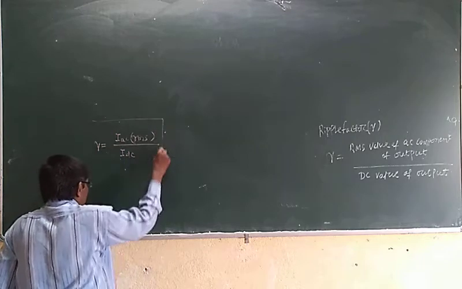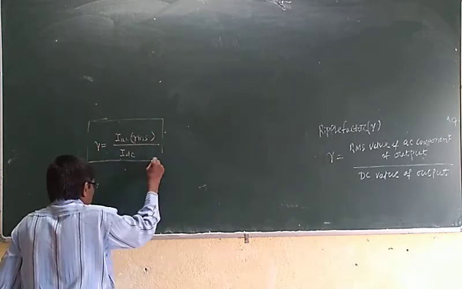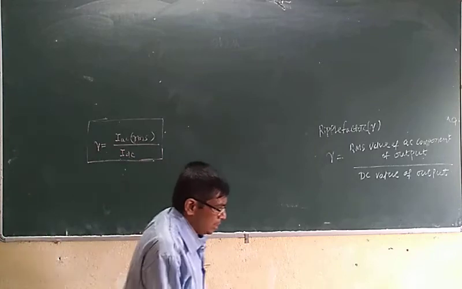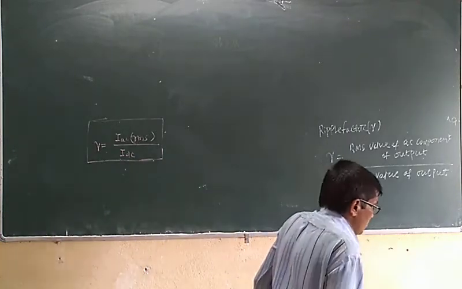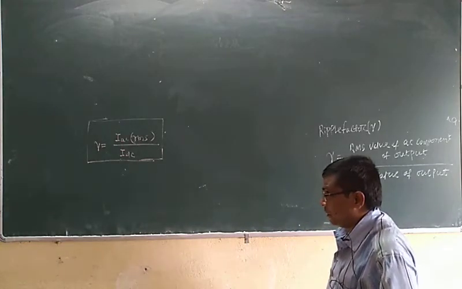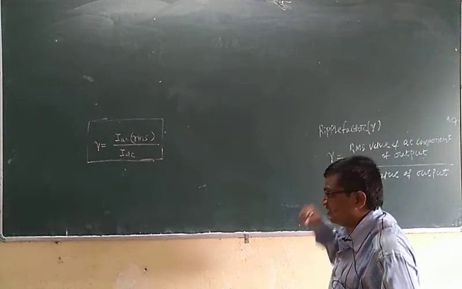So this is the formula of the ripple factor: I_RMS of AC, or I_AC RMS, by I_DC.